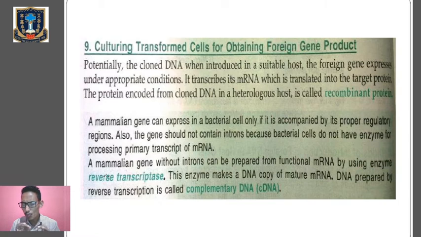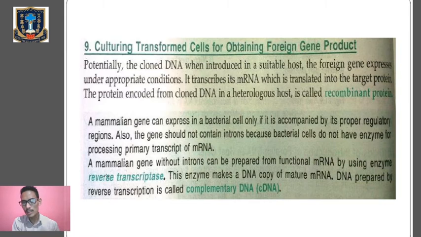Whatever product we want to make, we can obtain it by using that recombinant DNA. The cloned DNA, whenever introduced into the host cells, will be expressed. That DNA will lead to the formation of mRNA, and mRNA will lead to the formation of protein.